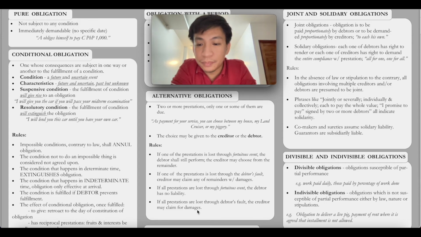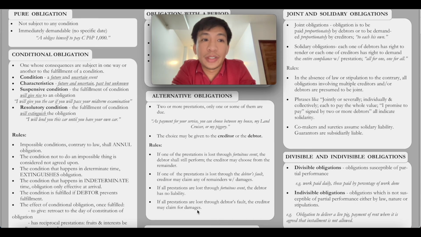For example, payment ng renta where it is agreed that installment is not allowed. For example, napag-usapan nyo sa rental agreement na hindi pwedeng partial ang payment. Well, it's indivisible because of your stipulation, because of yung napag-usapan nyo sa contract. Okay? Now, what are indivisible obligations under the law?